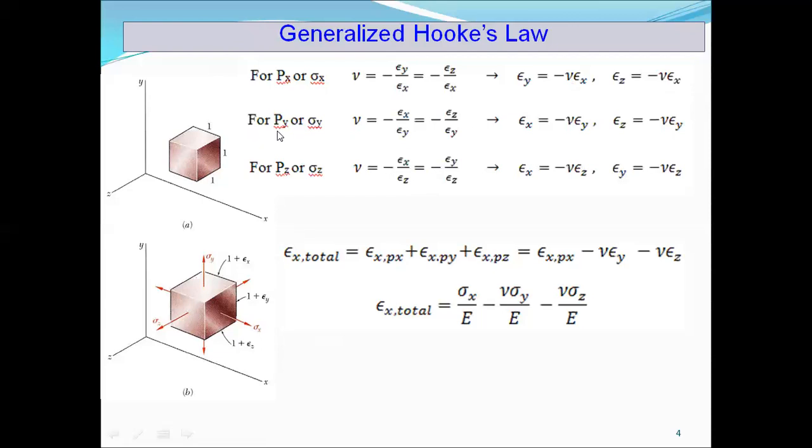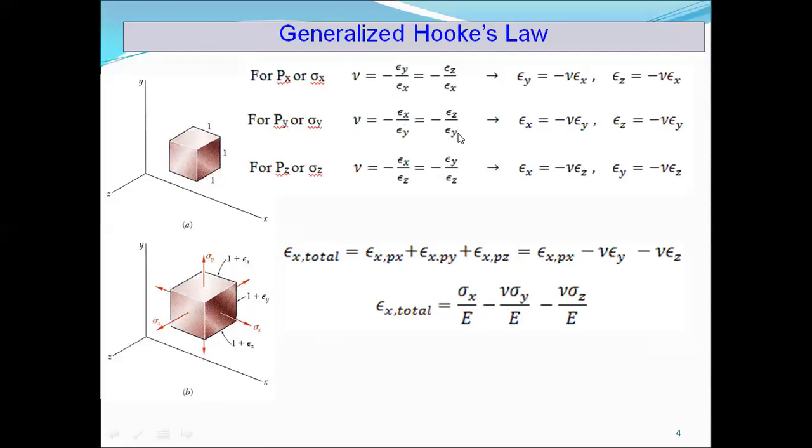Now for loading Py or stress sigma y, we have to write the Poisson's ratio. Now for Py or sigma y, this is the axial direction, while the other two would be the lateral direction. So nu, again writing the nu, is equal to minus axial strain by lateral strain. Here axial strain is epsilon y, and epsilon x would be the lateral strain.